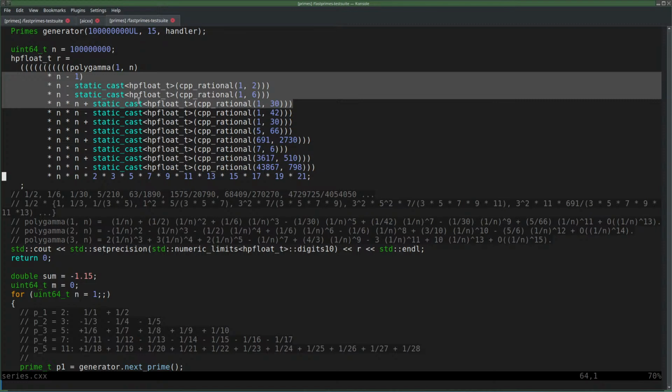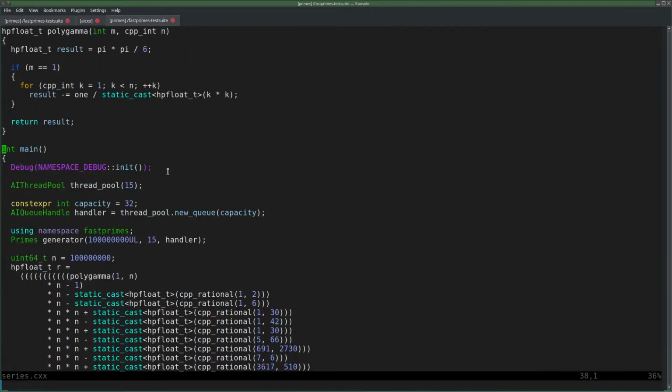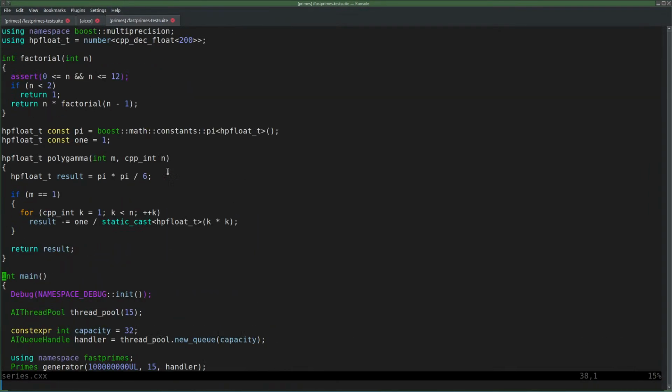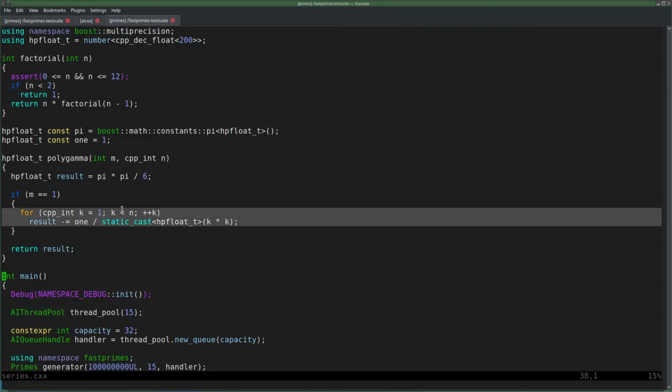So having this series, I can approximate polygamma pretty accurately if n is large enough. And then for smaller n, I can use, of course, this one. Because let's say if n, well, I already do a million, so I might as well use this one for when n is a million.